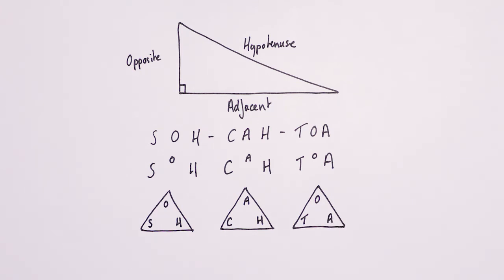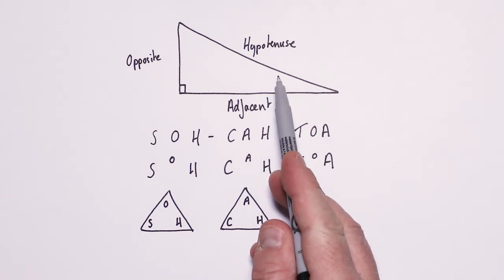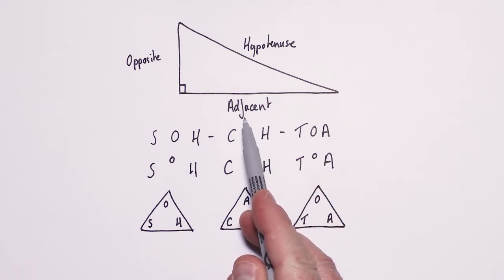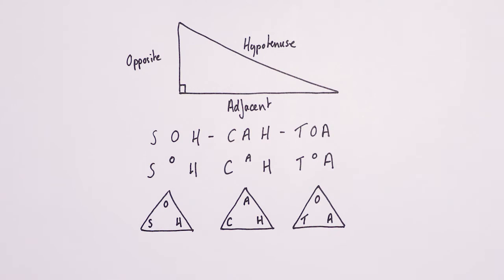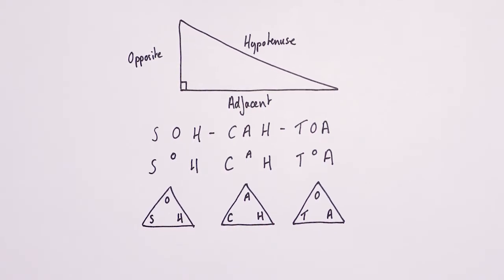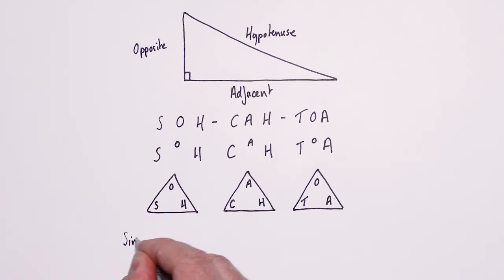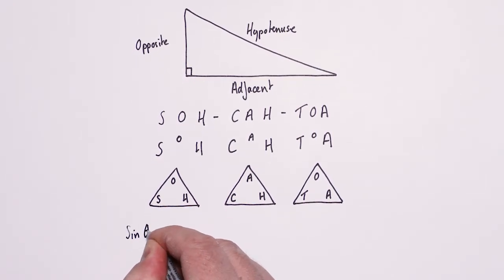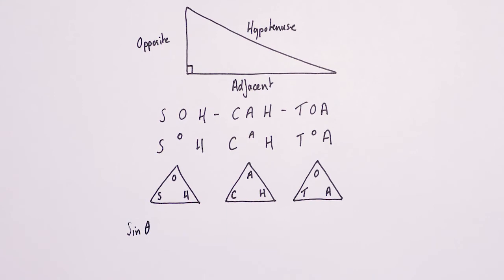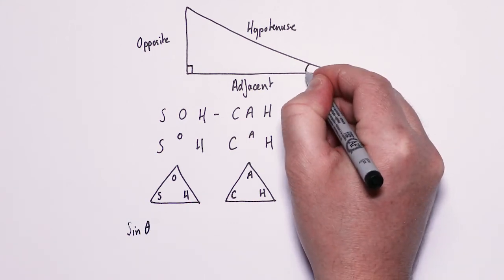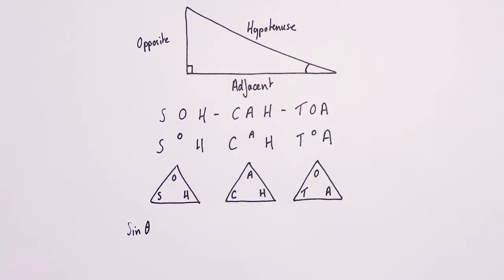Earlier we talked about how the H stands for hypotenuse, the A stands for adjacent and the O stands for opposite. But the S, C and T stand for three different mathematical functions. S stands for sine, the angle that you're looking at. In this case, for this triangle, the angle is there because that is the opposite.